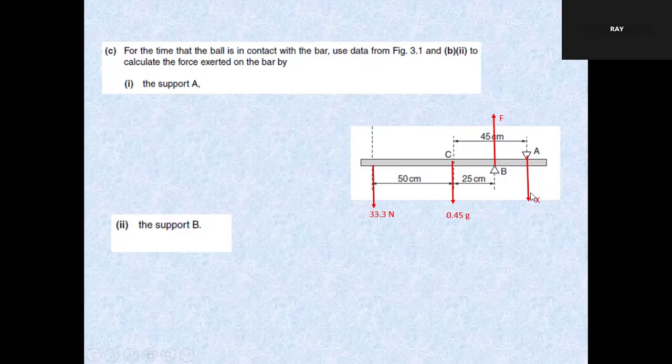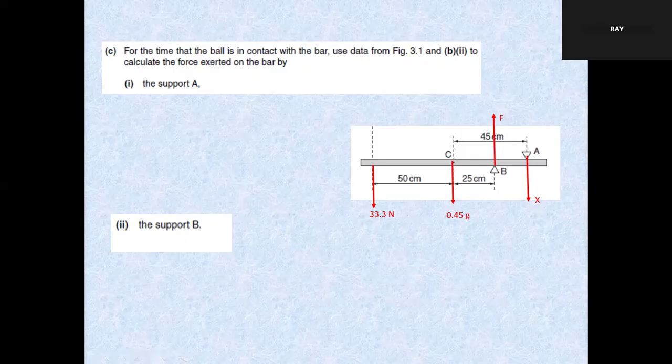That's why it is called X. Support B, this whole plank is pushing down, so this force is pushing up. We call it F. And then at the center of gravity, there's your weight, 450 gram. We change it to, right? This is g, acceleration due to gravity, not gram. And then this is where we just calculated, where the ball is in contact with the plank.